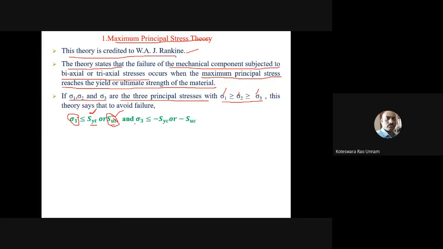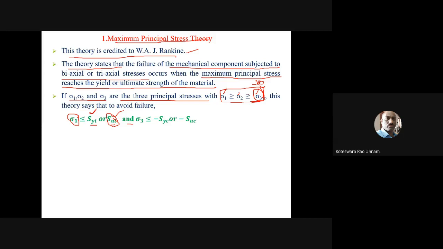Here, when I arrange the stresses like this, it need not always be that all three principal stresses are positive values. Sometimes you may get negative values also. Since I am arranging in descending order, sigma 3 is the lowest stress, and there is a possibility of a negative principal stress sigma 3.